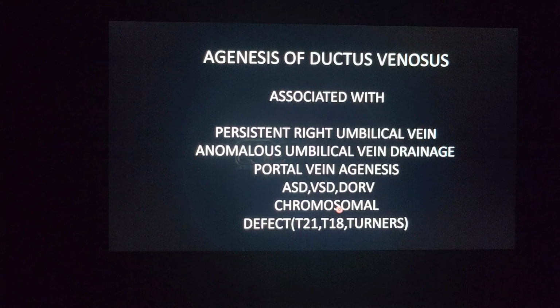So in this situation, we have to look for persistent right umbilical vein, anomalous ductus venosus drainage, portal vein agenesis, ASD, VSD, DORV, chromosomal defects like trisomy 21, 18, Turner's, etc. Whenever we deal with ductus venosus agenesis or umbilical vein abnormal shunts or ductus venosus abnormal shunts, there is a 15 to 20% chance of chromosomal abnormalities or single gene disorders. Hence, amniocentesis and microarray, or testing for monogenic disorders, is a requirement.